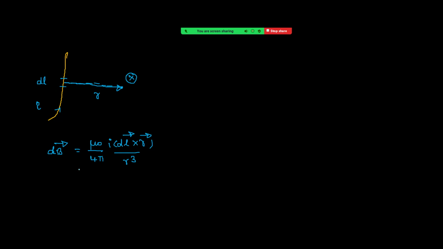Now in this we can see mu naught. Mu naught is known as the permeability of free space, or air, or vacuum.